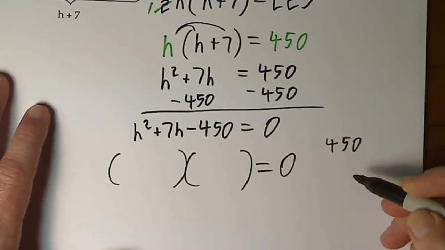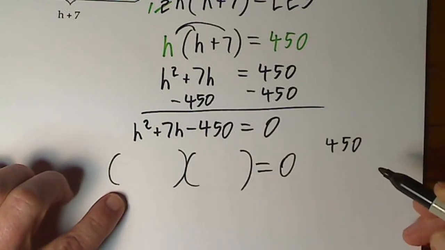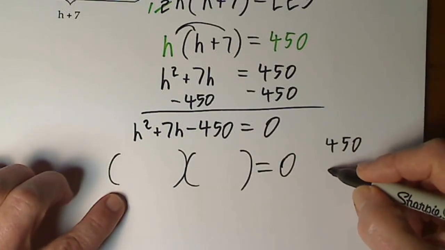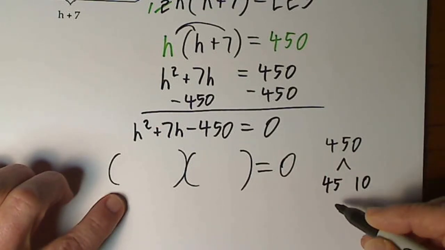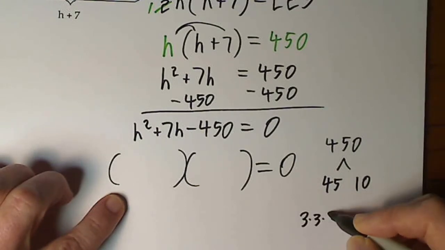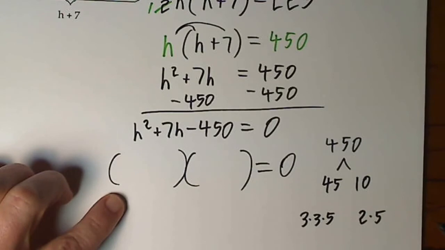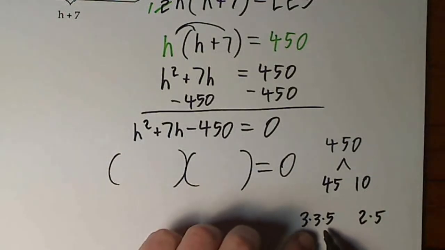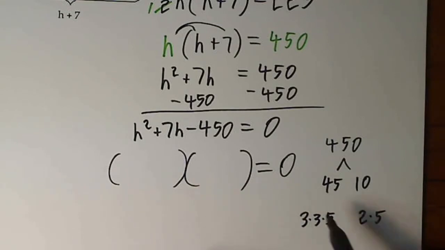I could list all the factors, but I'm going to try to speed it up and get right down to where there's just a difference of 7. So 450 is 45 times 10, prime factorization would be 3 times 3 times 5, and 10 is 2 times 5. So no matter what, I have to use up all of these. I'm trying different combinations that'll get me close to a 7.